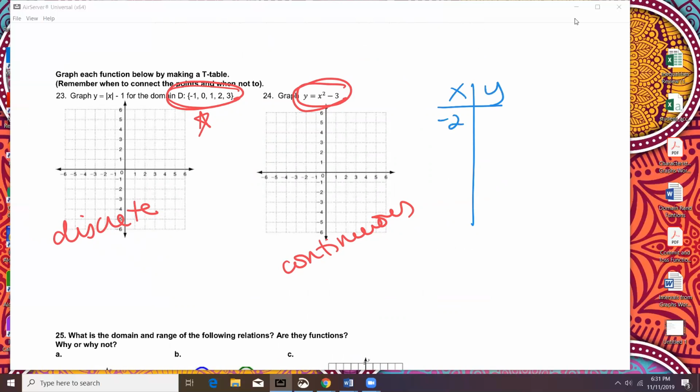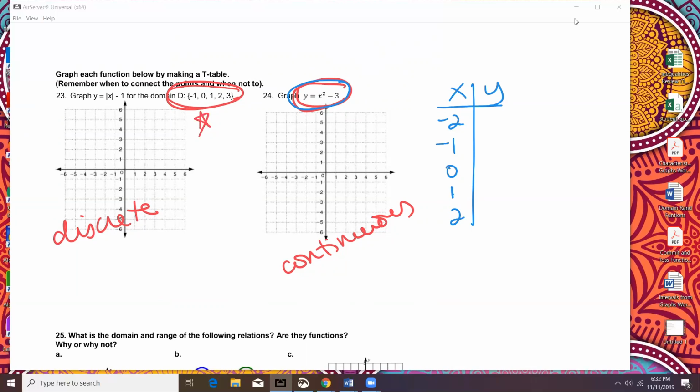I would suggest doing -2, -1, 0, 1, and 2, just so you have some negative and positive numbers. You plug them into this equation, and you connect them, because it didn't tell you that you had to use these. You're just using them to get an idea of what the graph looks like.